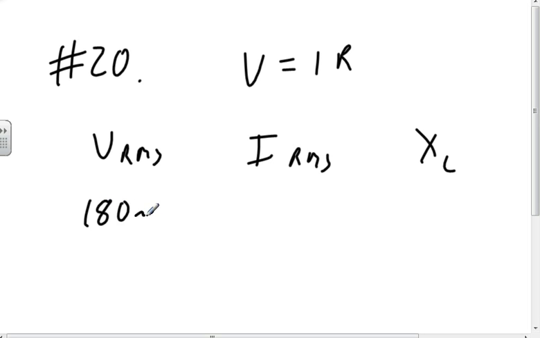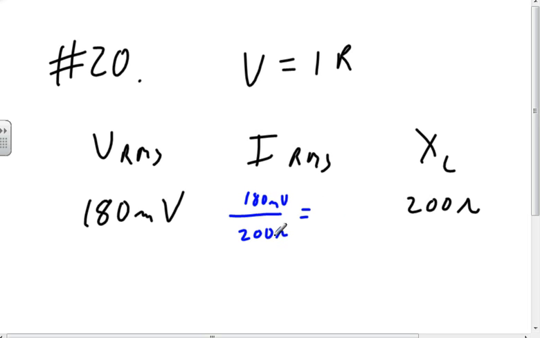180 millivolts, 200 ohms. So the current should be voltage divided by inductive reactance, 90 microamps.